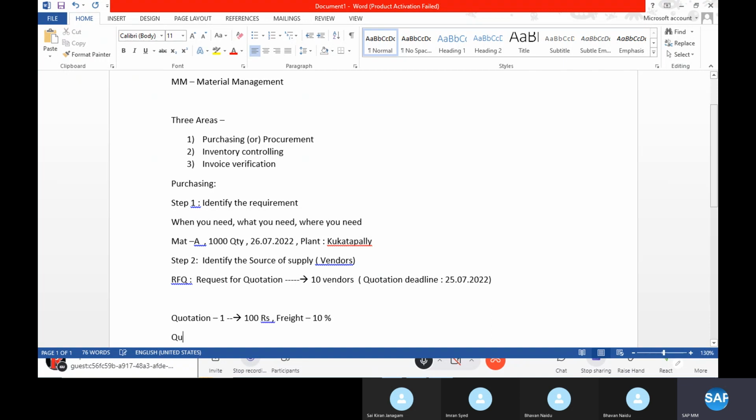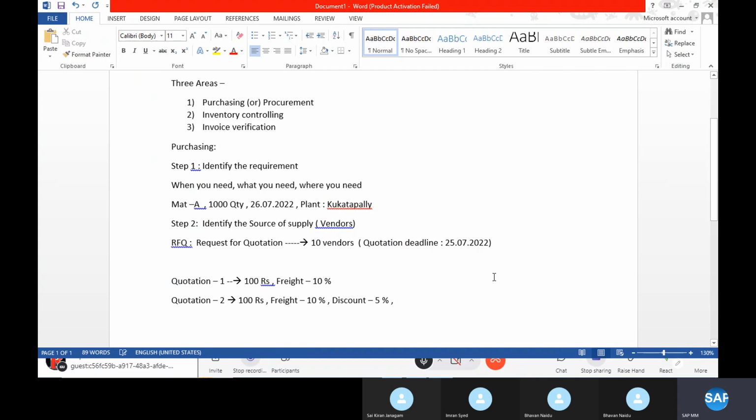And again quotation 2, I got the same price of 100 rupees, but freight charges will be added again at 10%, and he is providing a 5% discount. But he said that some labor charges are applicable, miscellaneous charges.